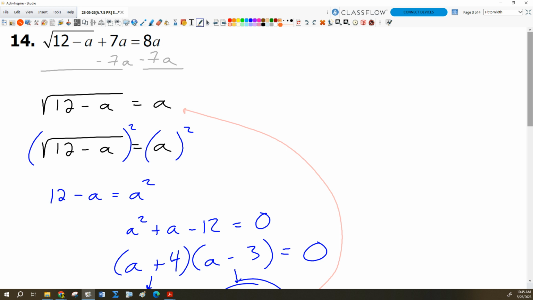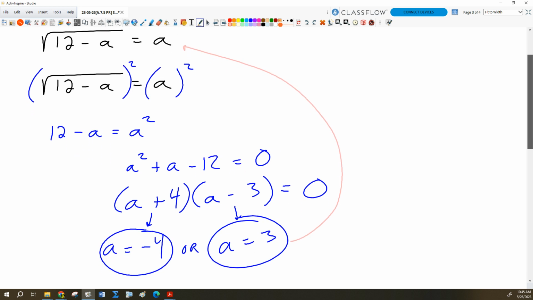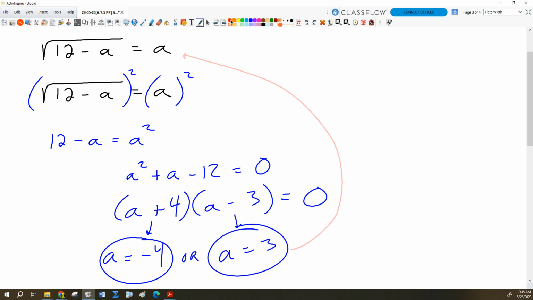Okay, so let's check. Let's check -4. If we check -4, we're going to get square root of 12 minus -4.